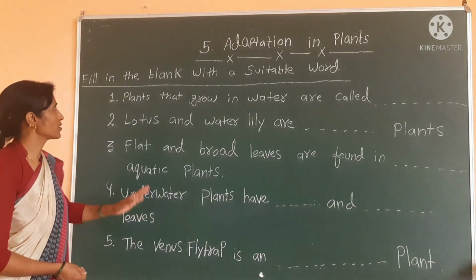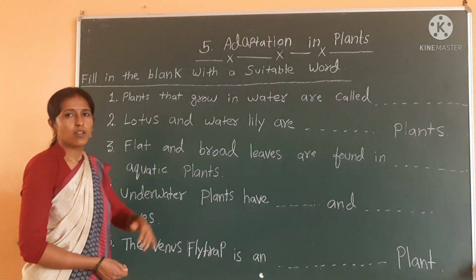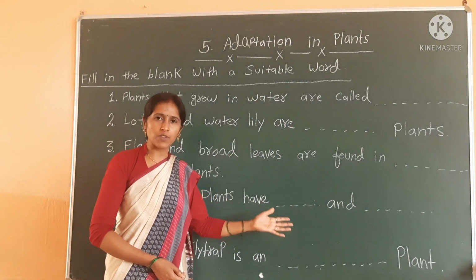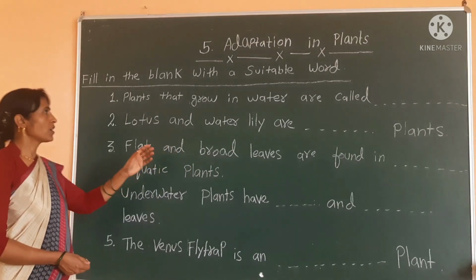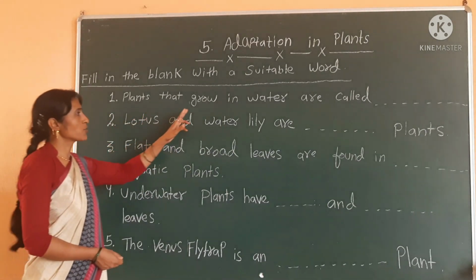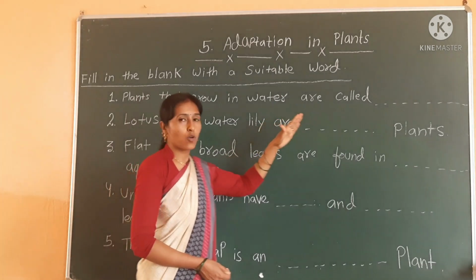There are some questions given on page number 68, which are fill in the blanks with suitable words. We have to write suitable words for all these questions. The first one is: plants that grow in water are called dash.